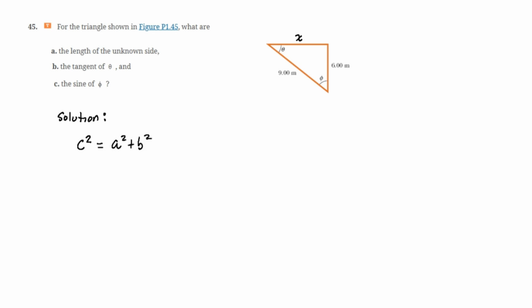So this is the square of the longest side is equal to, this is the sum of the squares of the two shortest sides.